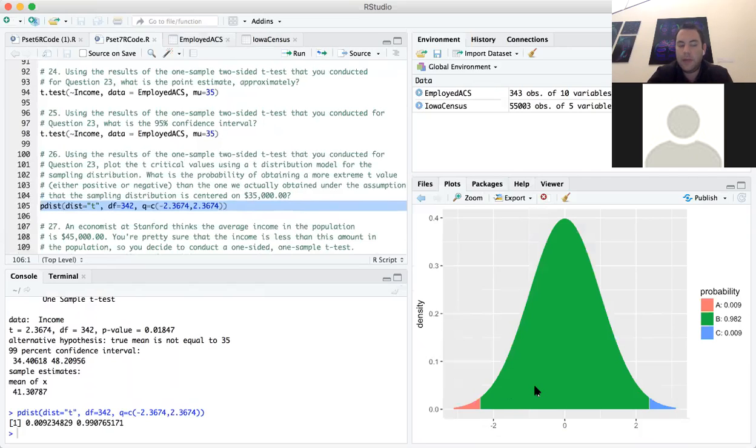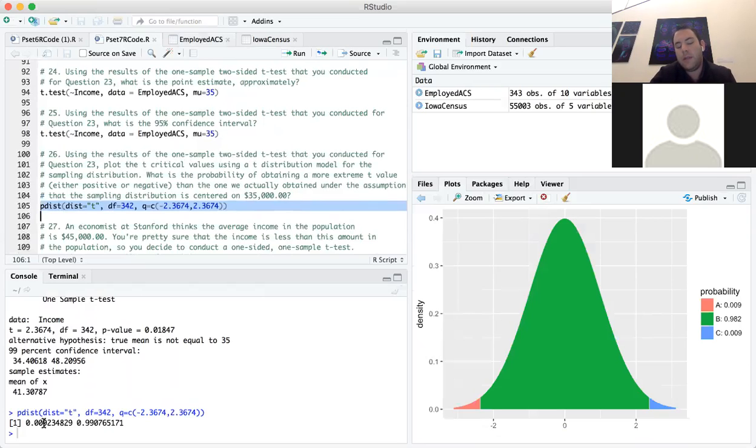And this is a two-tailed test, right? So it shows us here that the p-value for a t of 2.3674, the probability of getting a value more extreme than that on each side, will be 0.009, or about 0.9%.